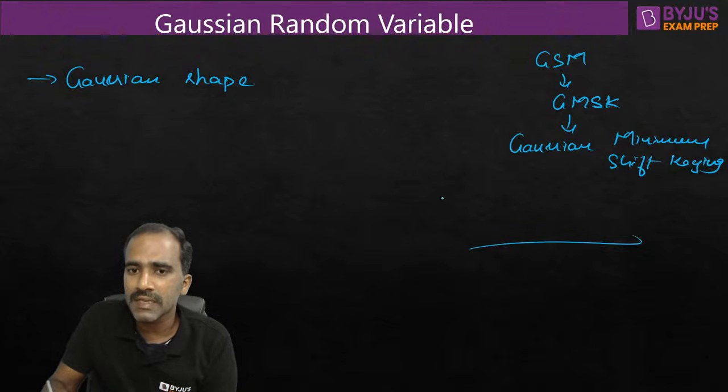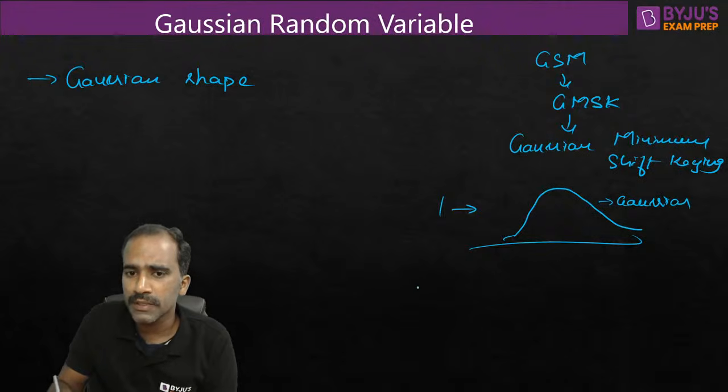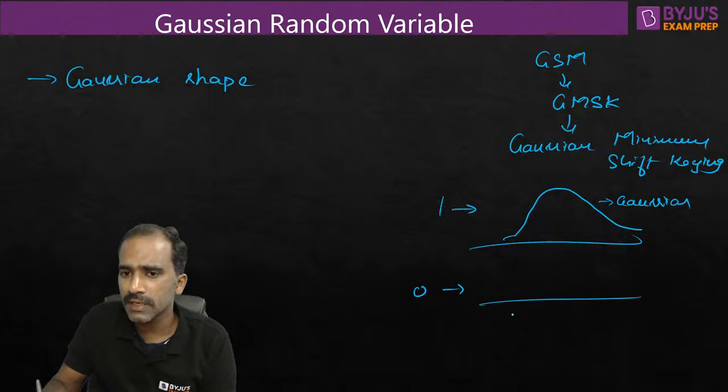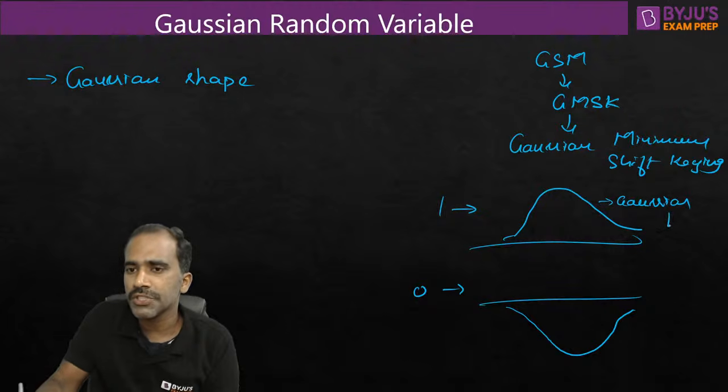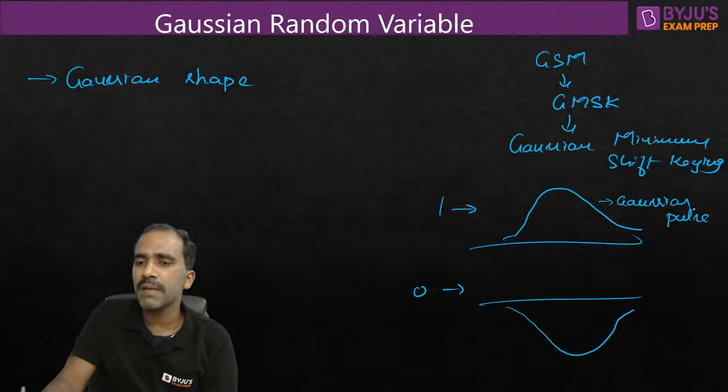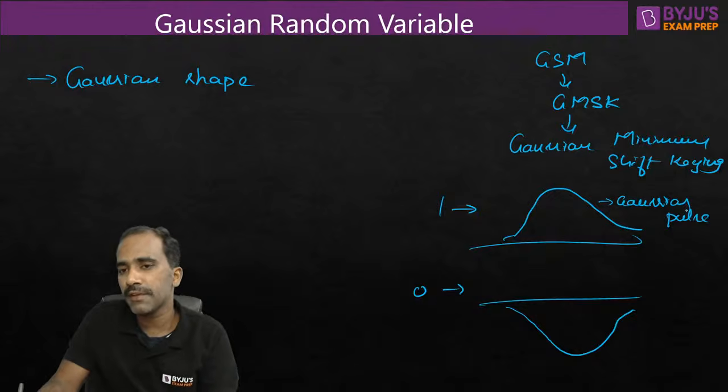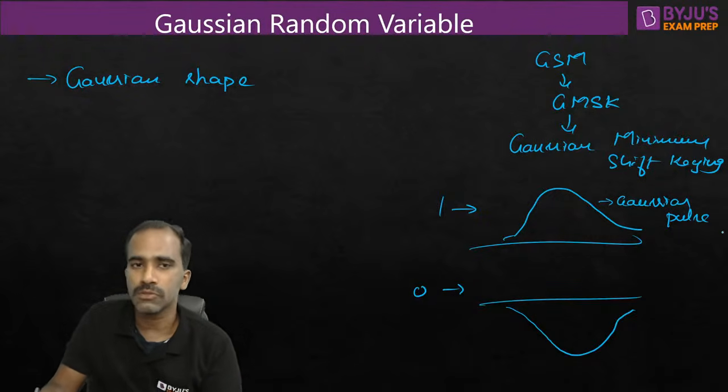Because the pulse that is used for transmission of 1 bit or 0 bit is a Gaussian pulse. For 0-bit transmission, they use a Gaussian pulse only, but a negative Gaussian pulse, something like this. So Gaussian can be the shape of a pulse, of a PDF, or of anything else also.